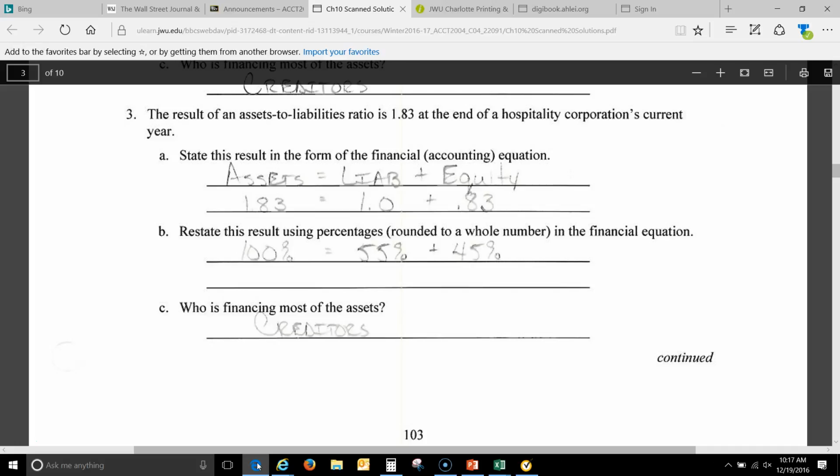What if this assets to liability ratio, instead of being 1.83, becomes 2.5? Assets would be 2.5. Liabilities would be 1.